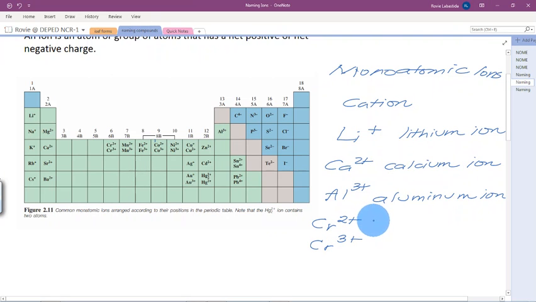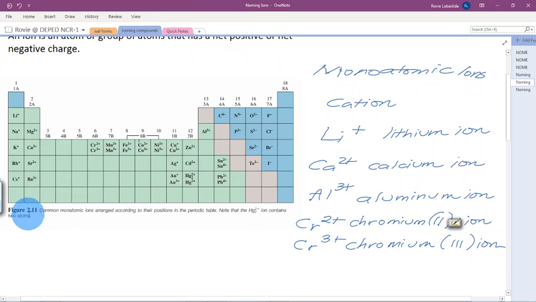Just name the metal first, which is chromium. Then, enclosed in a parenthesis is the Roman numeral representing the charge, which is 2. Chromium(II) ion. How about Cr3+? So this is chromium(III) ion.